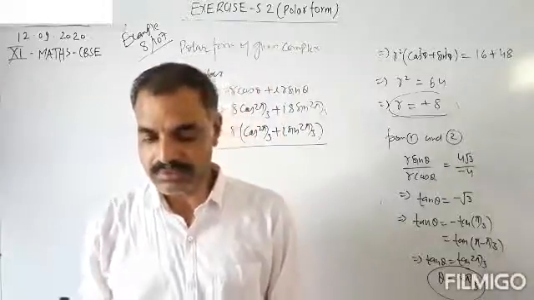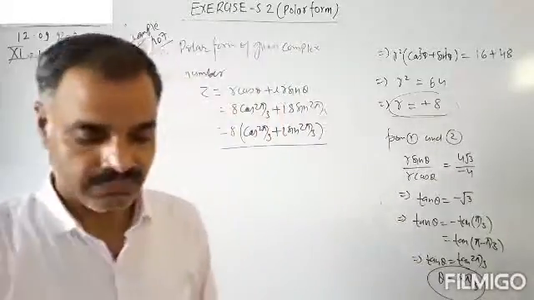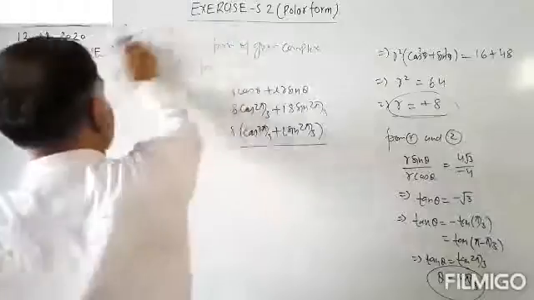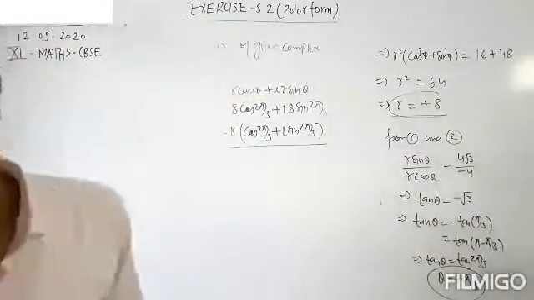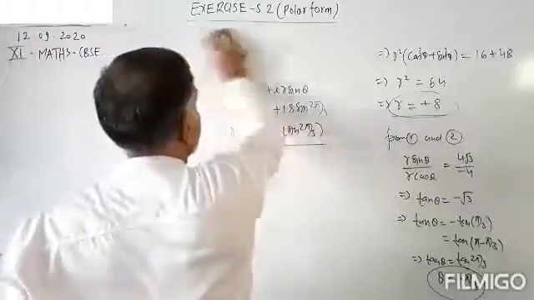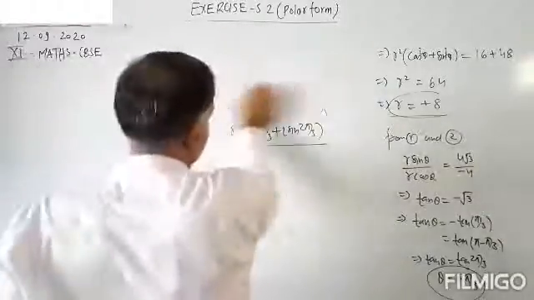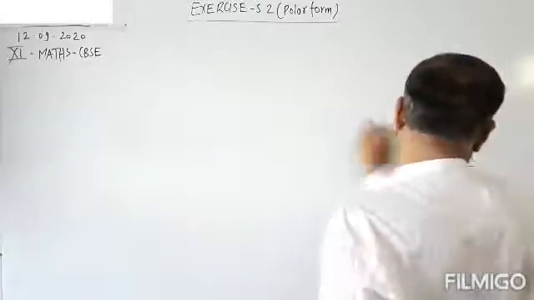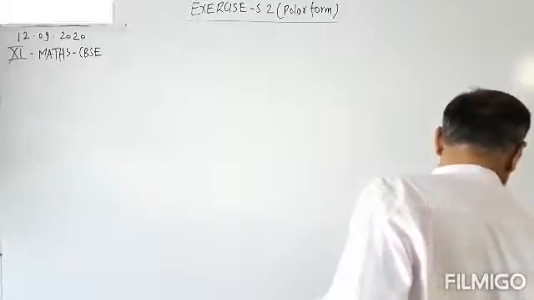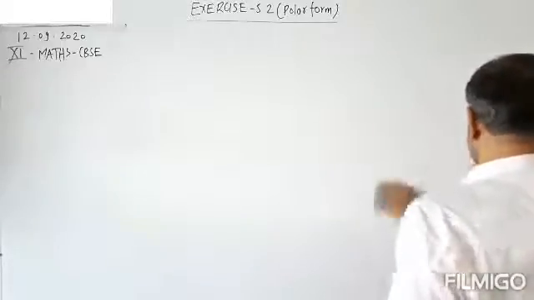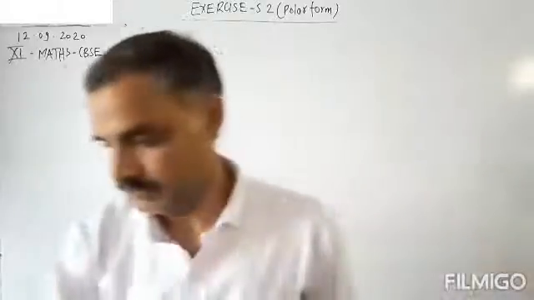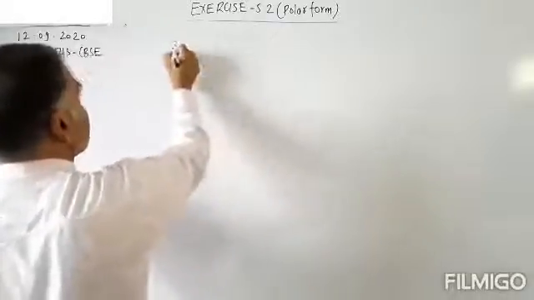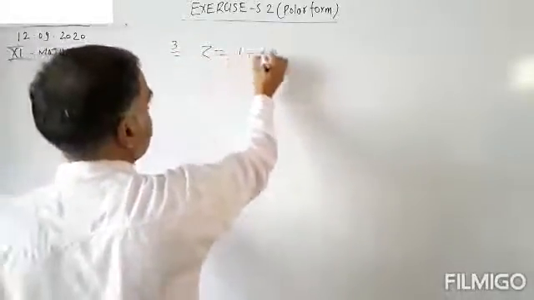Let us take question number 3 of the exercise, 1 minus iota. We are solving the questions of exercise 5.2.